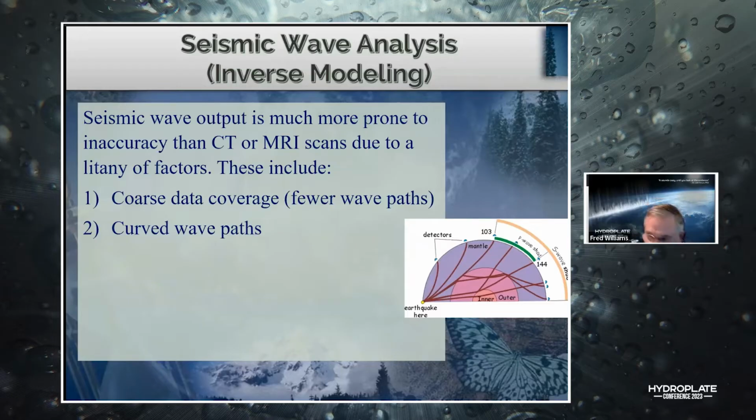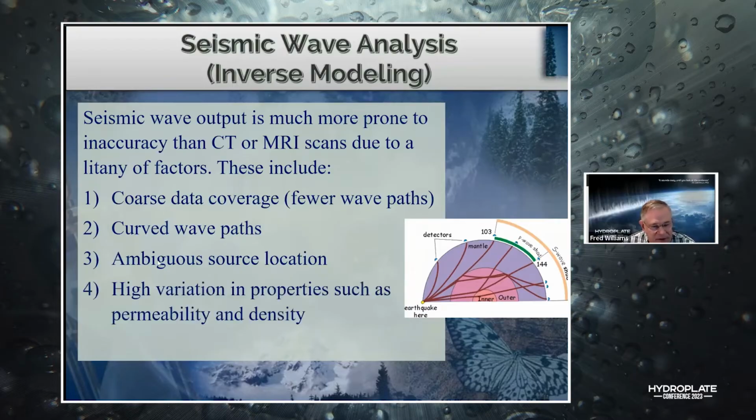Different properties, different materials, various densities, things like that. And the Earth's subsurface just isn't uniform. You've got ambiguous source location. Do we really know the exact location of where the earthquake occurred? That's part of the educated guesswork. There's high variation in properties such as permeability and density. And this will be a huge one that we're going to get into even more detail later: the limited model validation. That's pretty big.